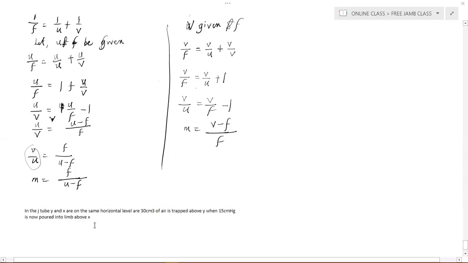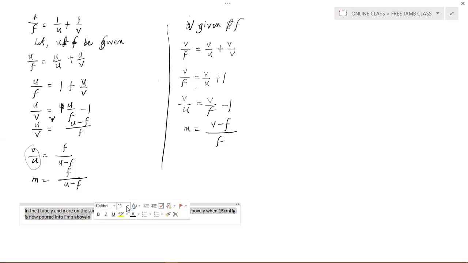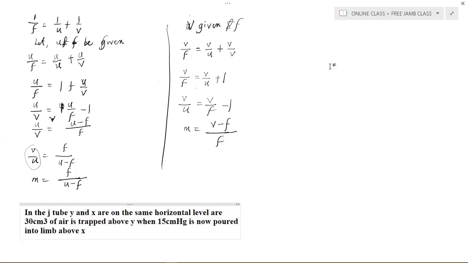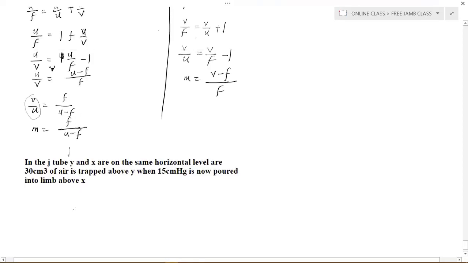The question says that in a J-tube, Y and X are on the same horizontal level.